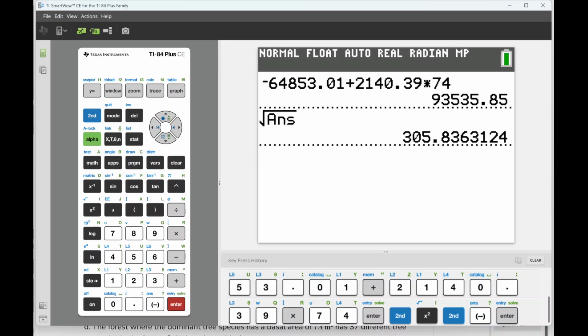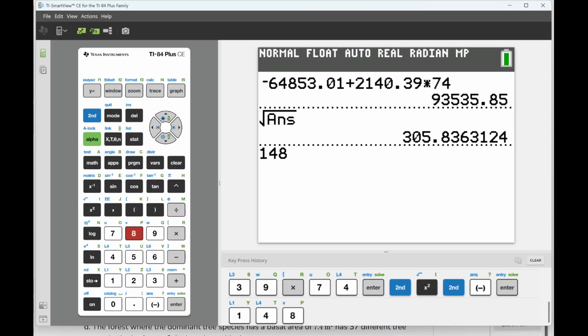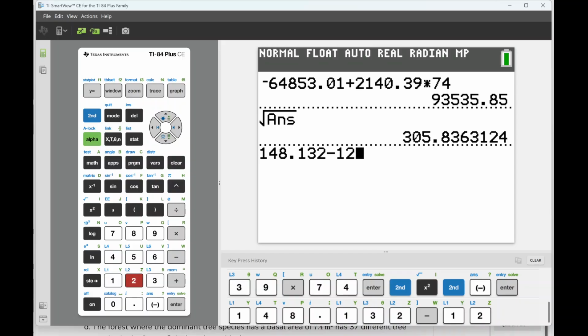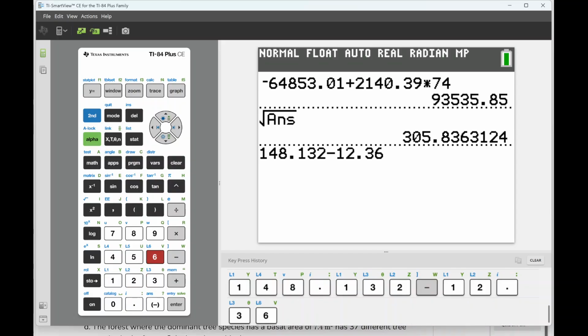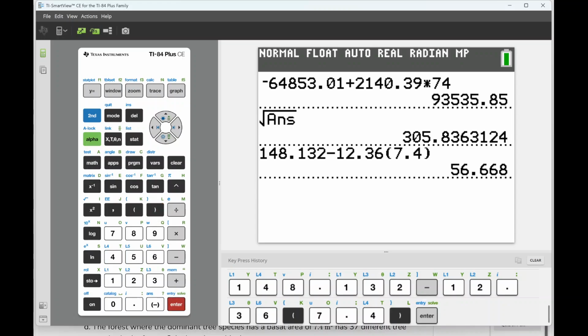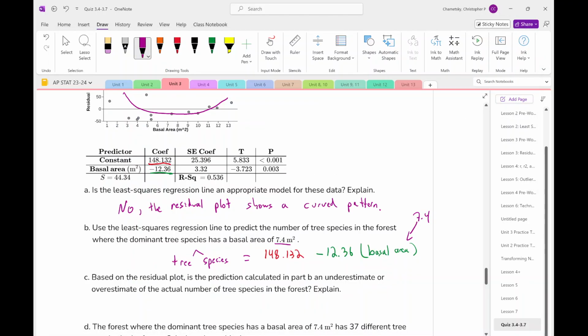So 148.132 minus 12.36 times 7.4, and we get 56.668 tree species. Always make sure to use your units.